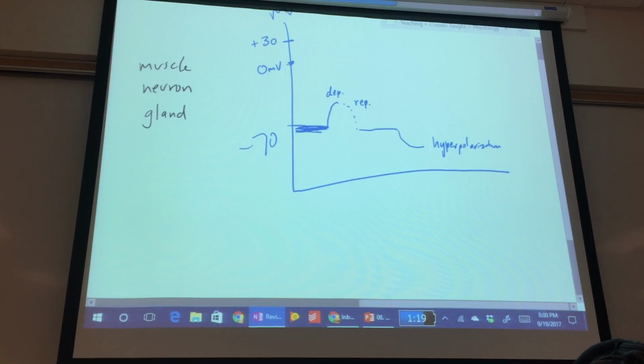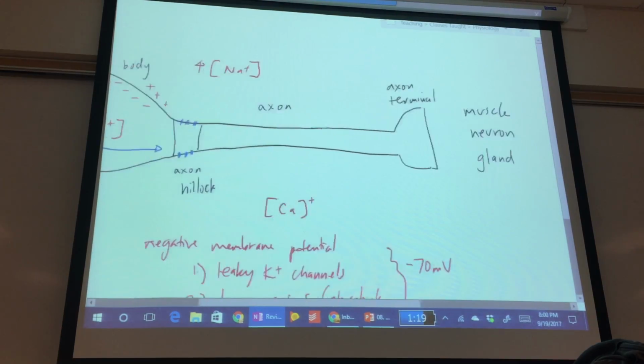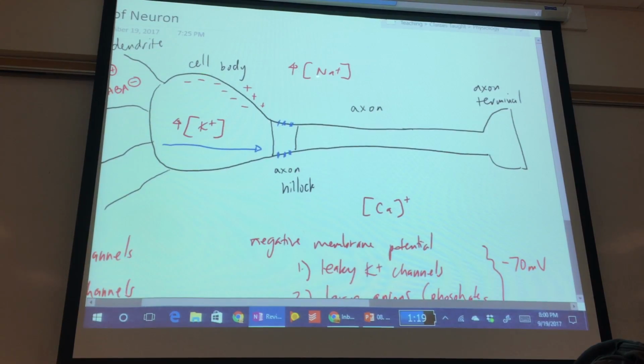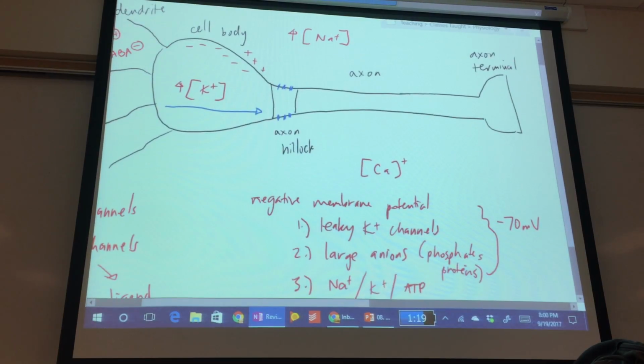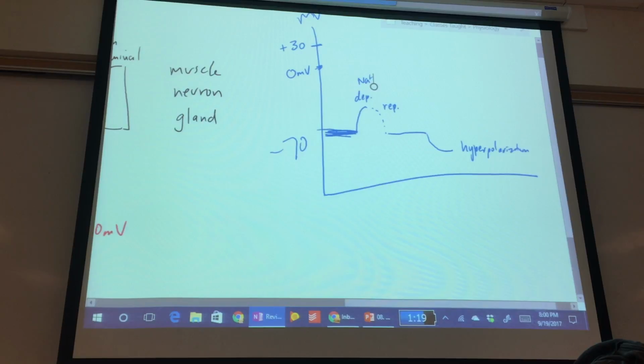Sodium, right? Did I hear sodium? So sodium going into the cell. And let's take a look back over here. If I have sodium going down its concentration gradient and going down its voltage gradient, meaning I have a positive ion going into the cell, it's going to make it more positive, right?